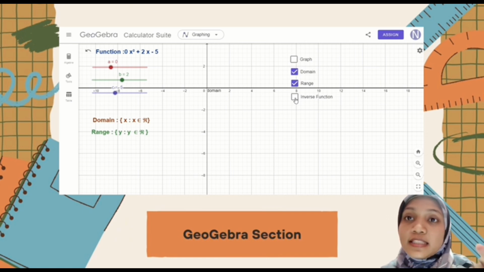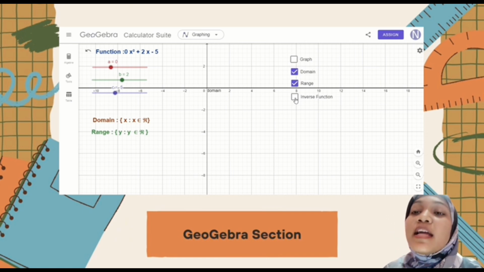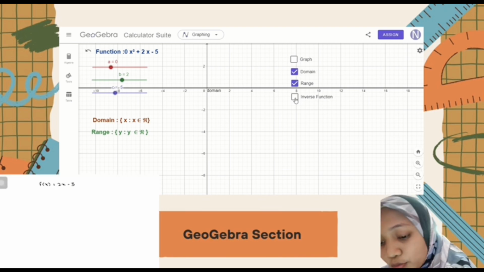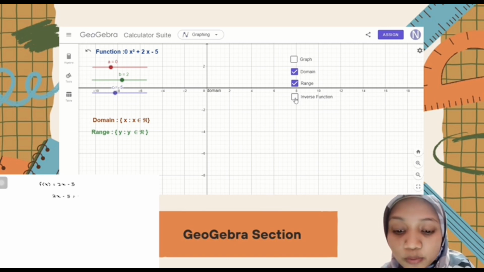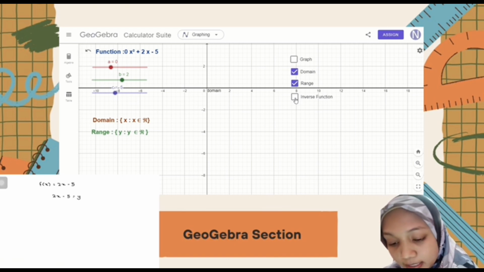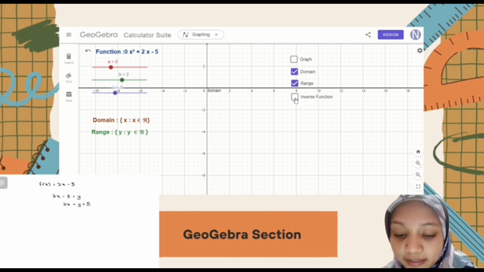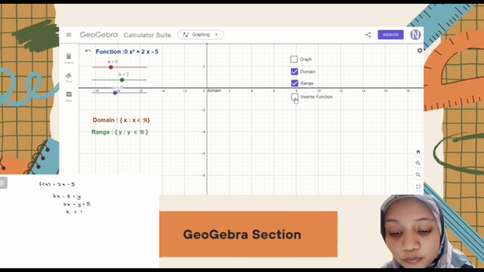So let's find it using the same method as on paper. So 2x minus 5 equal to y. 2x equals y plus 5, so x equal to y plus 5 divided by 2.